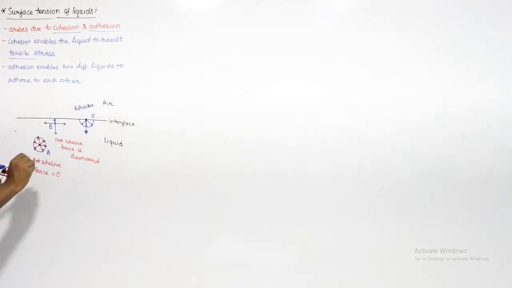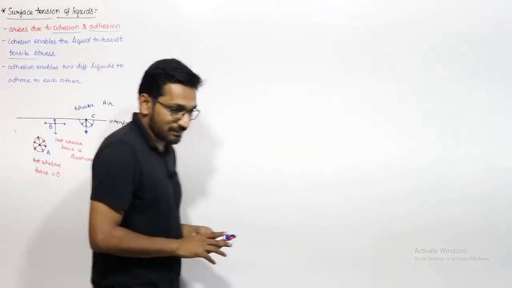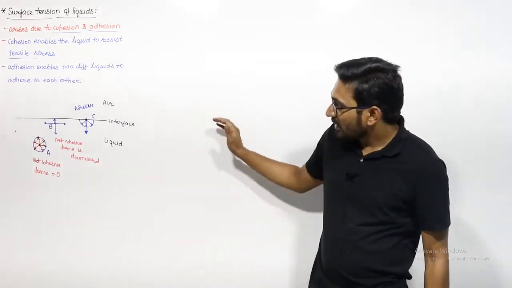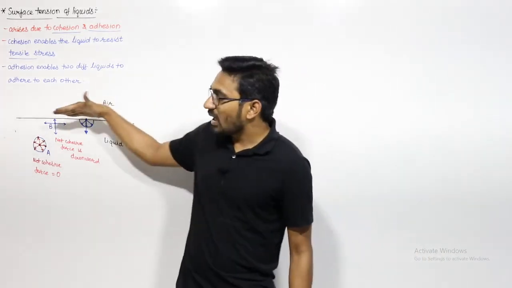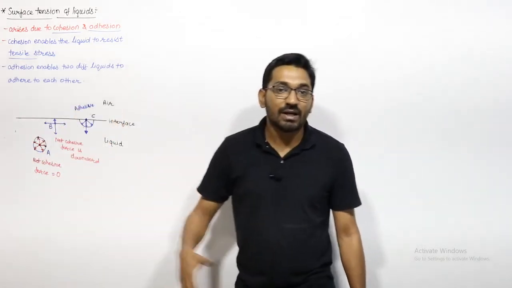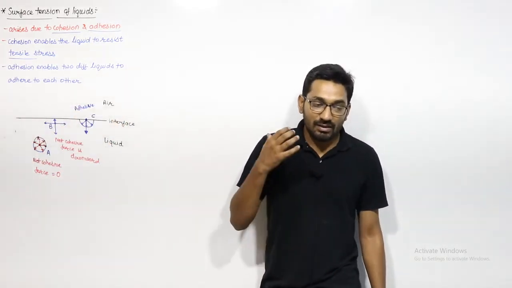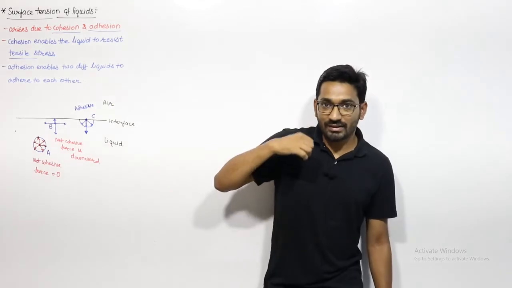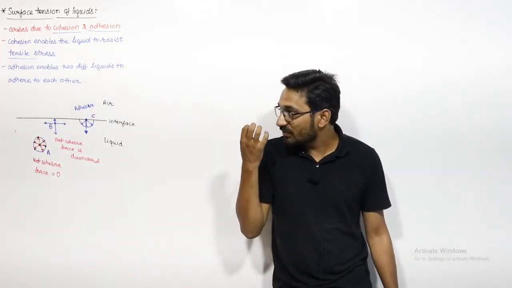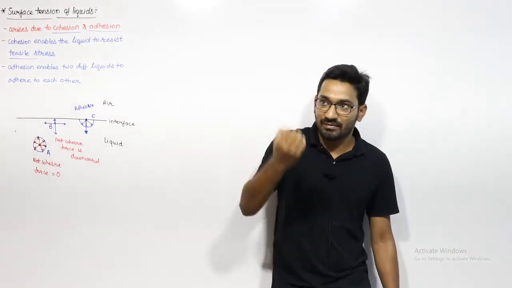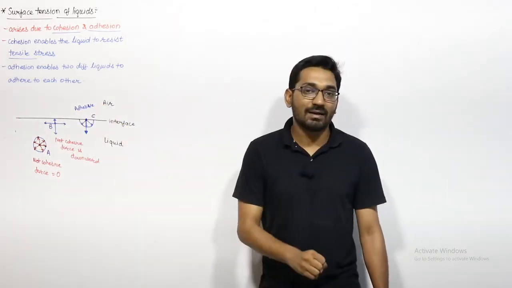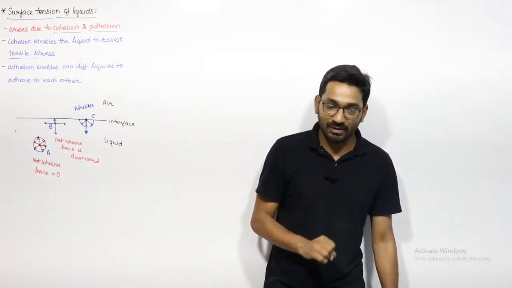So we can say that the particles which are on the interface will feel a tensile force existing on these surface particles, right? On each and every particle, one tensile force will be acting in the downward direction, right?